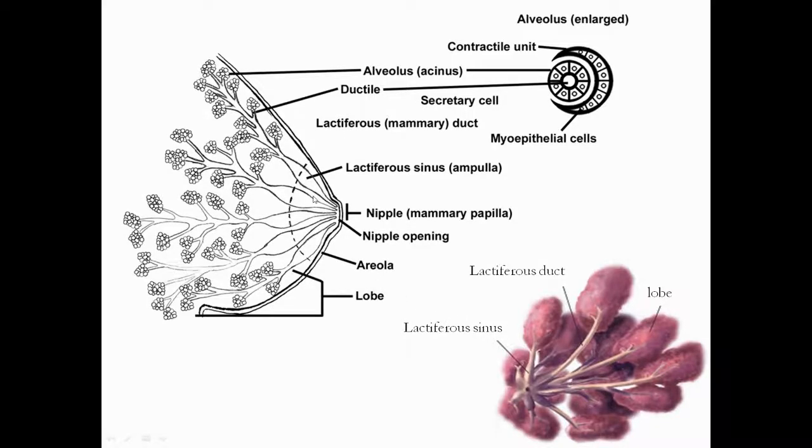So we can see the lactiferous duct, then this is the lactiferous sinus, and this is the lactiferous orifices that is situated on the nipple. Thus, the lactiferous ducts open on the nipple. So we can see more clearly, this is the enlarged duct lobes in the lactating female.